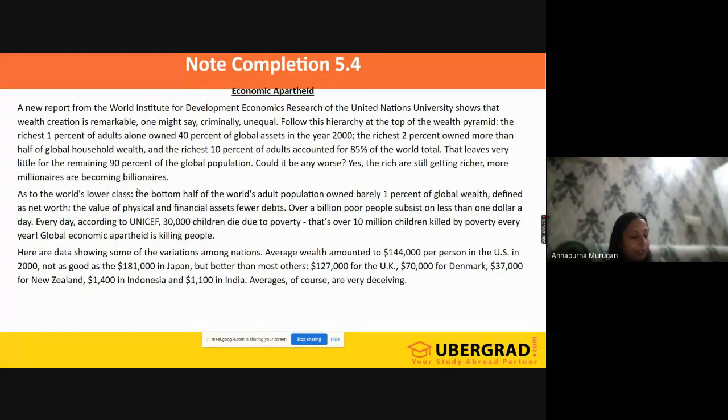That leaves the lower class, or if you see, as to the world's lower class, the bottom half of the world's adult population owned barely 1% of the global wealth, defined as net worth.